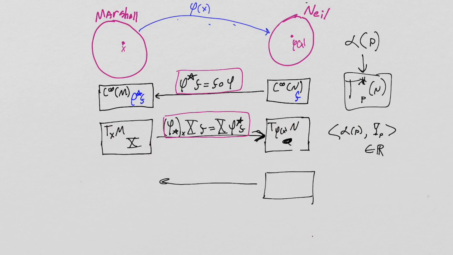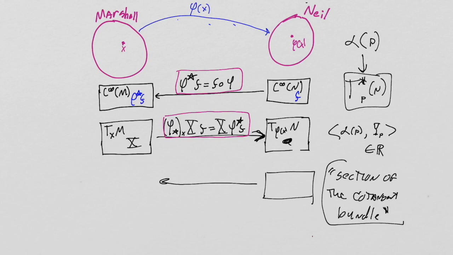So this, by the way, alpha is sometimes called a section of the cotangent bundle. When you start looking up, trying to figure out what the heck I'm saying here by Wikipediaing things, sometimes you'll see a section of the cotangent bundle. That's what alpha is. Alpha is a section of the cotangent bundle.